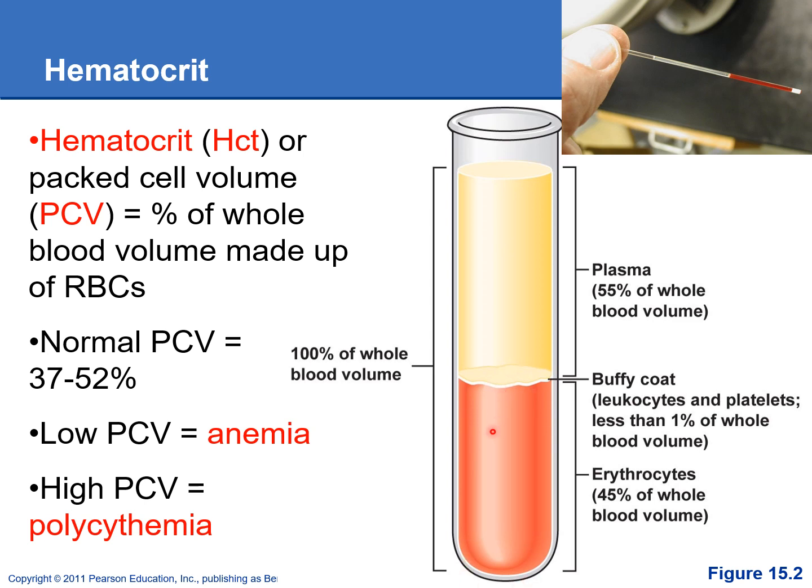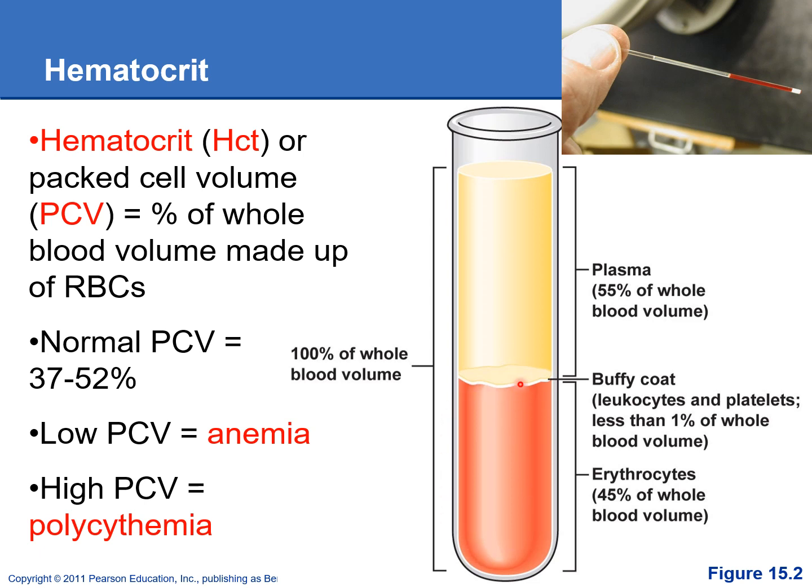Most of it is going to be red blood cells here on the bottom, and then where this buffy coat is on the top, that's where the white blood cells and the platelets are. So if we look at the whole blood volume, the percentage of this whole blood volume that is made up of just the red blood cells, that is your hematocrit or PCV or packed cell volume. So the normal PCV would be between about 37 to 52%.